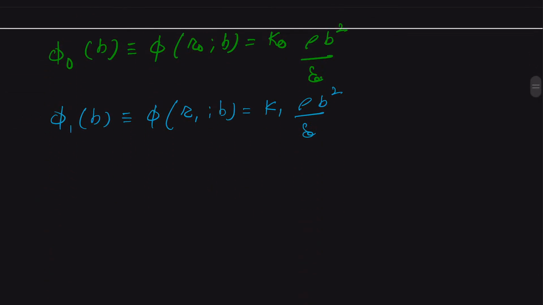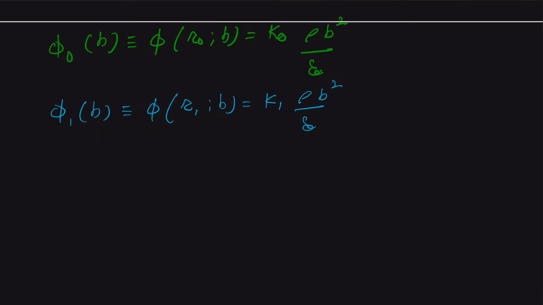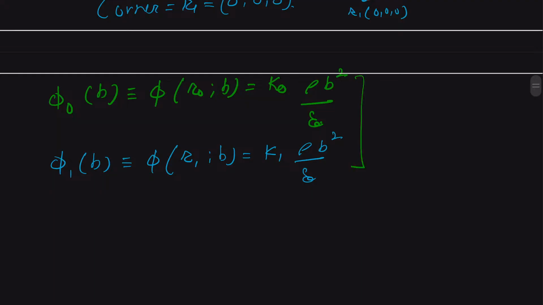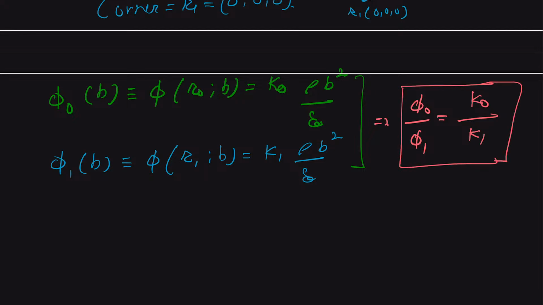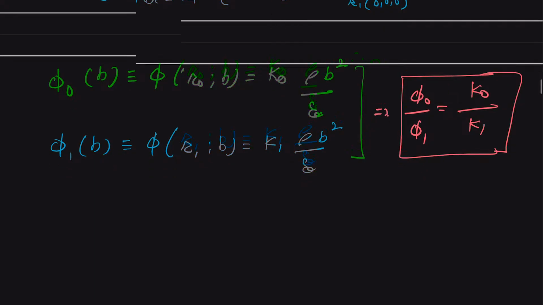And we are simply going to divide these two terms. Therefore, from here we are going to get that phi naught upon phi 1 will be equal to k naught upon k1. So we are only interested in finding this particular ratio. For that we are going to consider a scaling property, a scaling law, with respect to our cube.